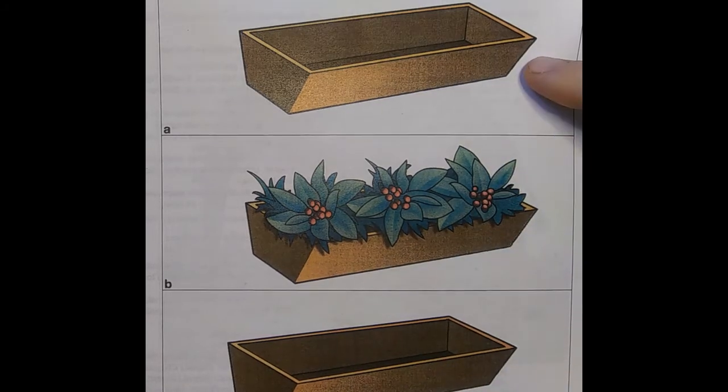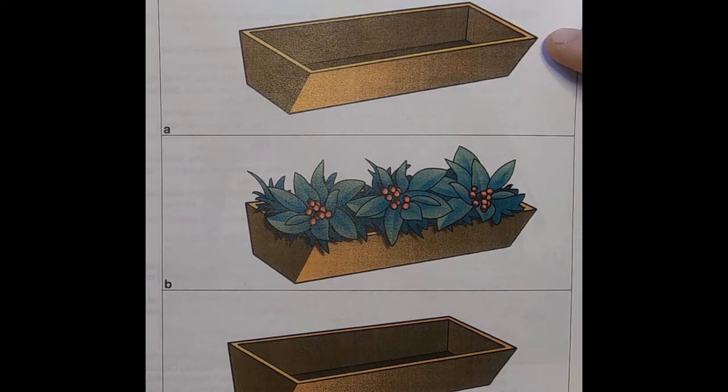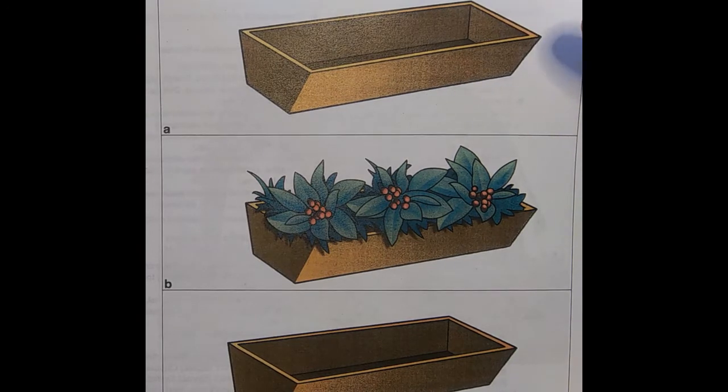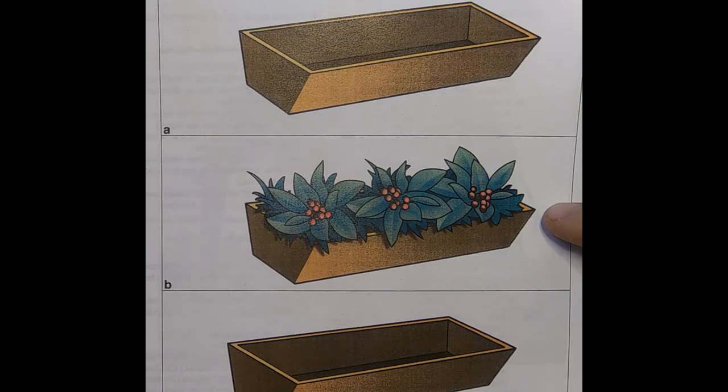Try again. Is this box full? No. Say the whole sentence about this box. It is either full or it is empty, so say the whole sentence. This box is empty. Now this one, is this box full? Yes.